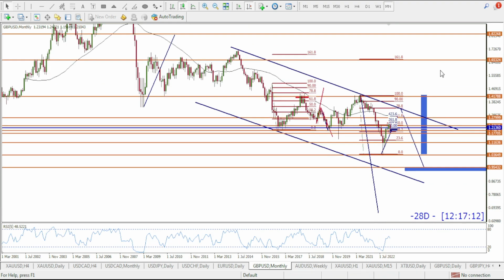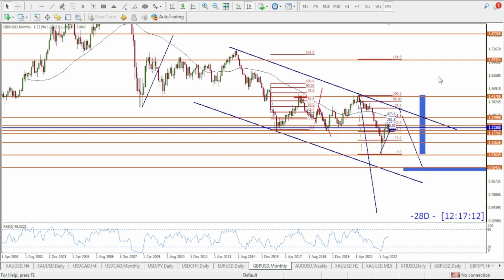Today I'm going to discuss pound US dollar, and if you see on the chart, the market went up from my level 1.03649, and on the monthly time frame I'm looking at it right now. It seems like it's clearly approaching 1.3399.